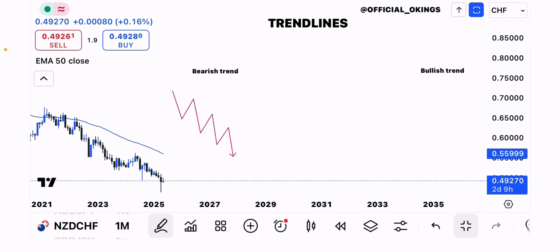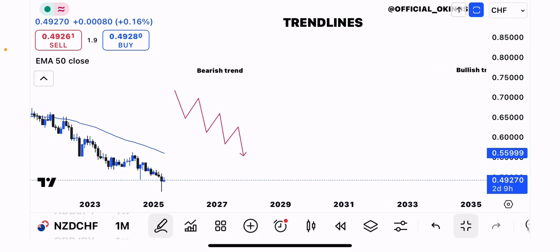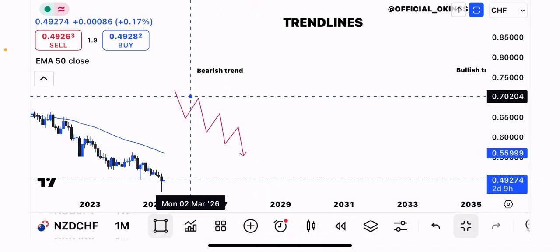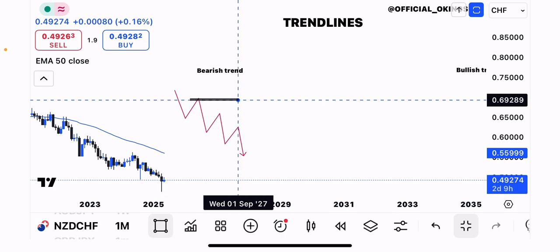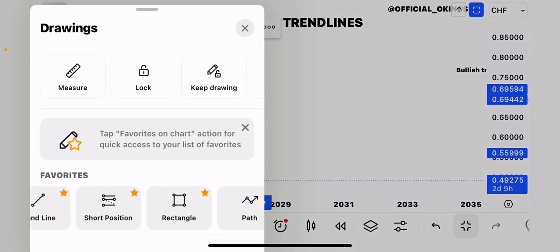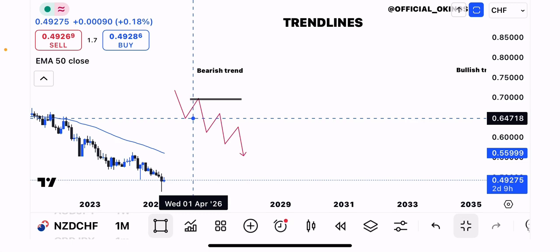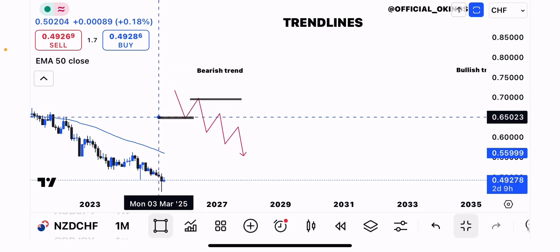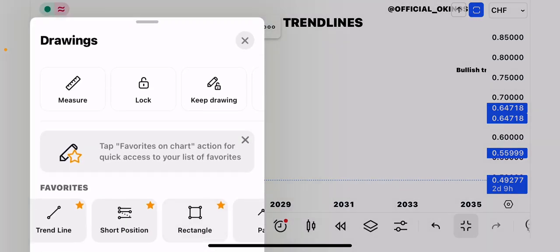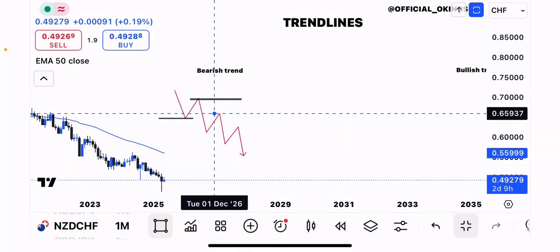Because if we were to draw our basic horizontal levels, this is how they should be drawn. It should be a resistance level on the highs, and a support level on the lows. This is our low or support. This is our resistance.